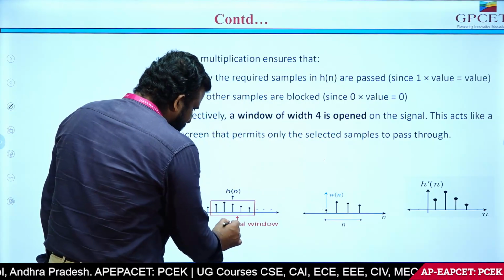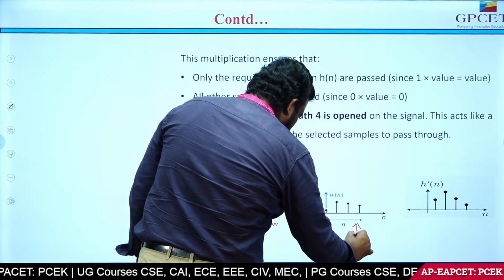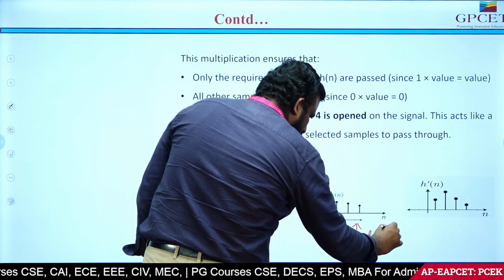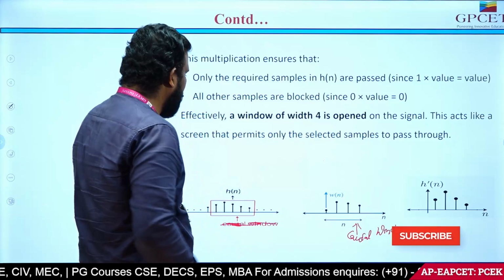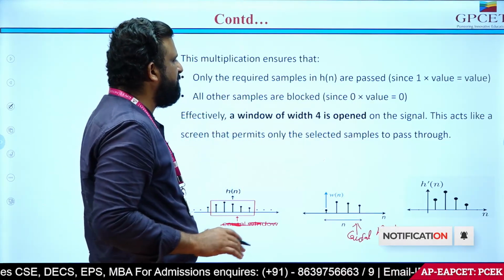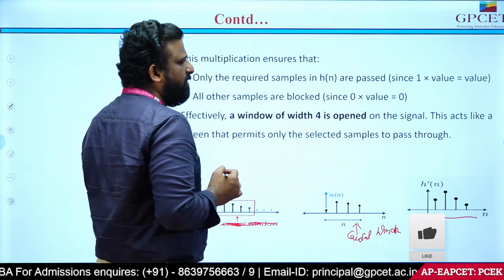Sorry, this is the causal window. This is the causal window. This is the total h of n, the infinite length sequence. Now only the required samples, how many samples do we want to get? We want to get only 4 samples, 0, 1, 2, 3.